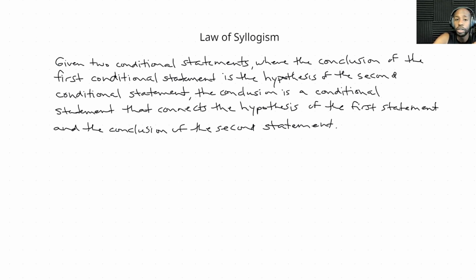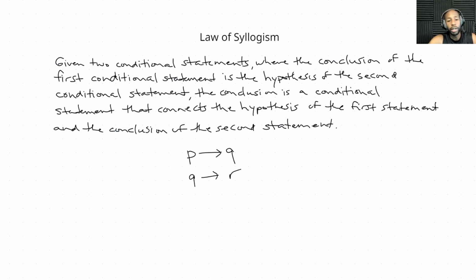So given two conditional statements, let's start with, here's one of them. If P then Q. So the conclusion of the first conditional statement, so this right here is your hypothesis, conclusion. The conclusion of the first conditional statement is the hypothesis of the second conditional statement. So look, check this out.